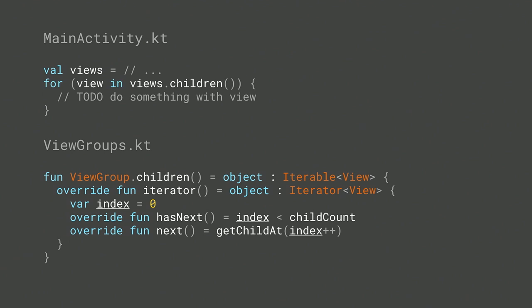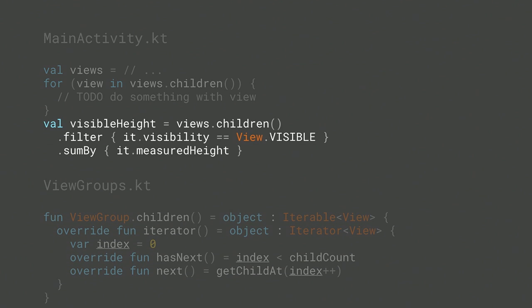And so now we get access to using the traditional for each loop. And if we want, we can use those higher order extension functions that exist on Iterable. So here I'm collecting the height of all the visible views, very declarative. And if they're inline functions, you lose the overhead as well.